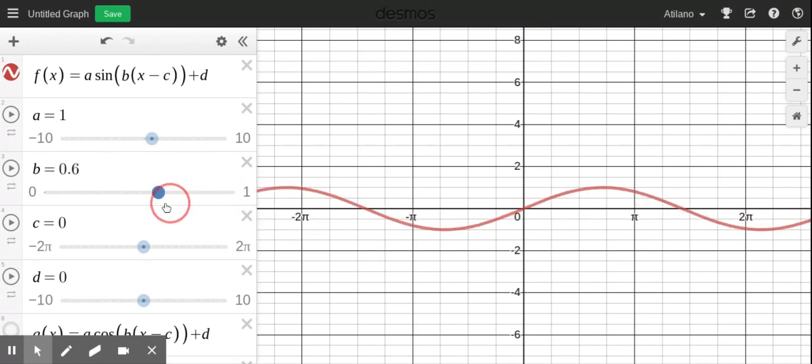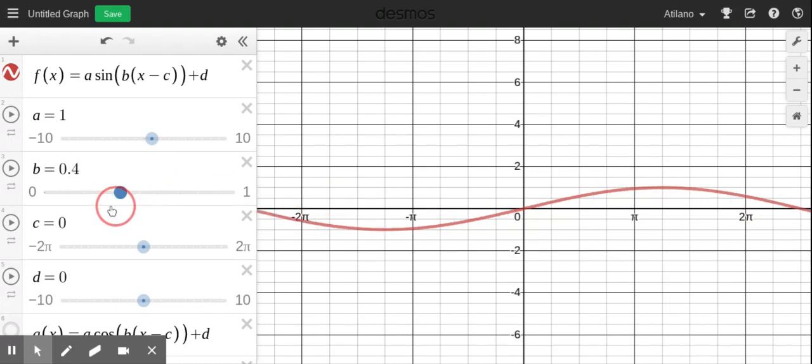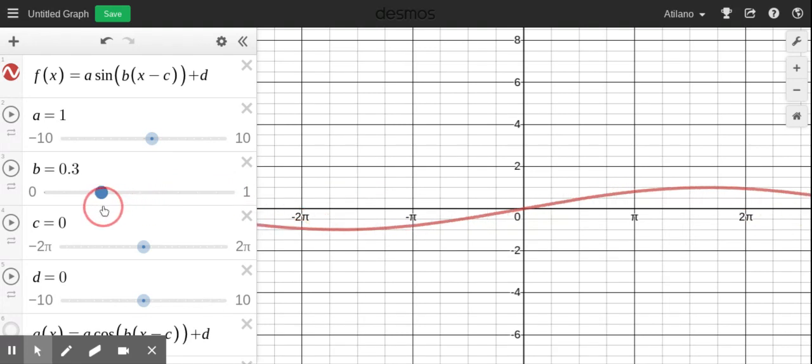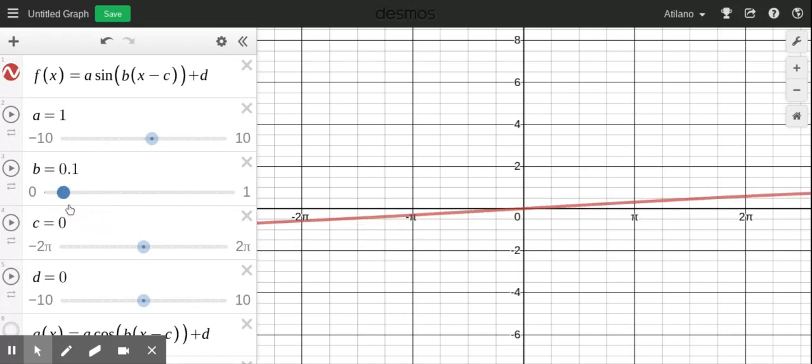Notice that as the B value gets closer to 0, the graph flattens out, it stretches out, kind of like we were doing in Unit 1. When we have a B value that is between 0 and 1, your graph will horizontally stretch out, so that means it takes longer for the period to be completed.